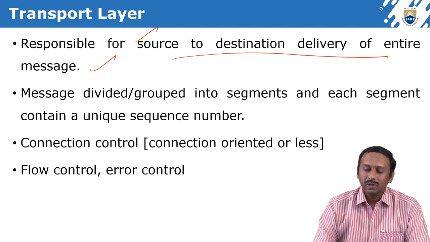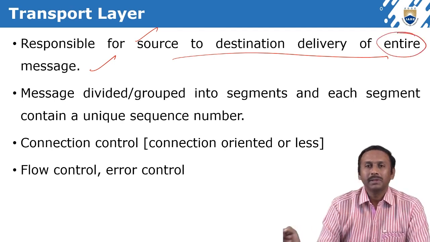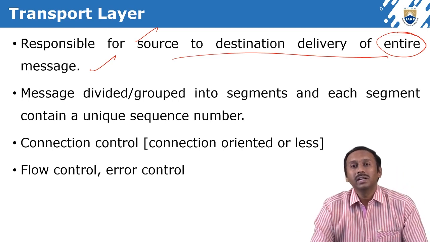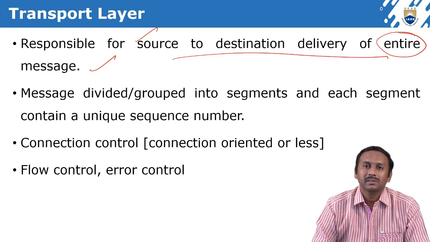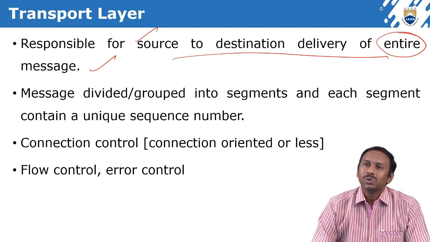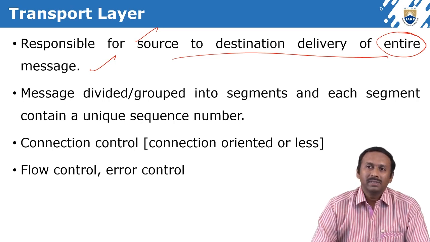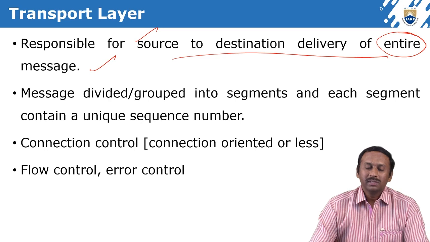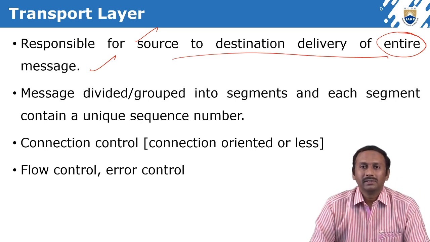But if you observe clearly, the transport layer is responsible for the entire message, while the network layer is responsible for packets, not the entire message, right? The message is divided or grouped into segments, and each segment contains a unique sequence number. Clear? So this is the fourth OSI layer, right?